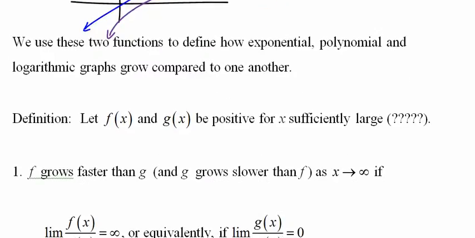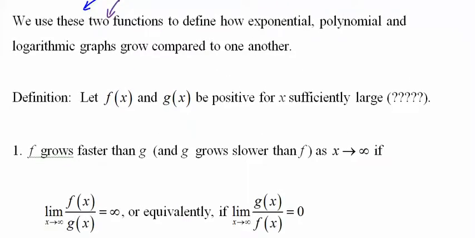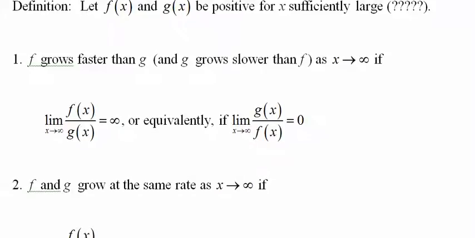We can use these to define how they grow compared to each other. If we compared e to the x to x squared, we'd get 0. So this means that f grows faster than g.